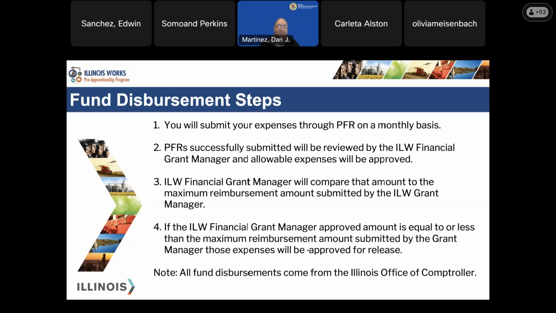You are not reimbursed $100,000. The programmatic grant managers do not determine that reimbursement. It's only based on your financial grant manager's review of expenditures that it triggers a disbursement.